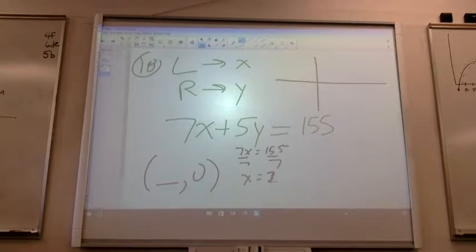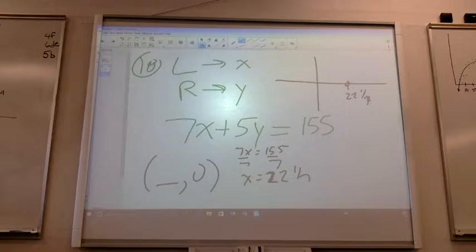No, that's 2, sorry. 22 and 1/7? Ew. 22 and 1/7 is like right here. Okay, that didn't come out that nice.